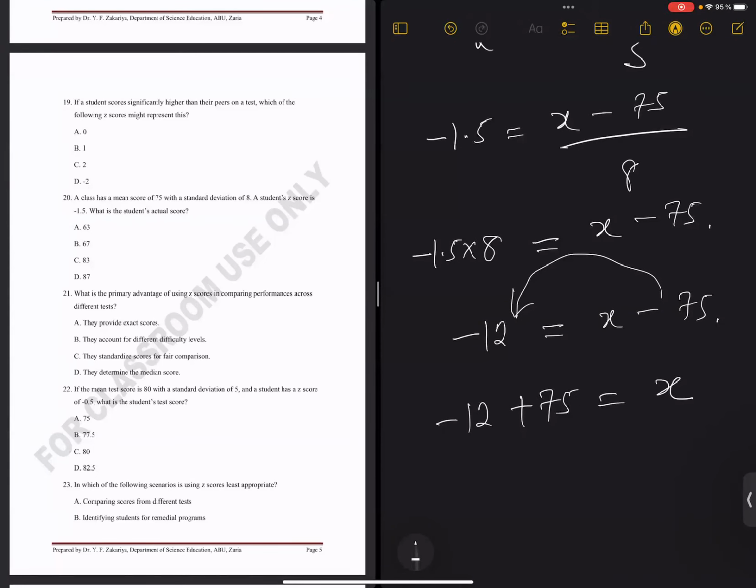So -12 plus 75 gives 63, equals x. That means x equals 63. Am I correct? The answer is A. The correct option is A. Is this okay, everybody?